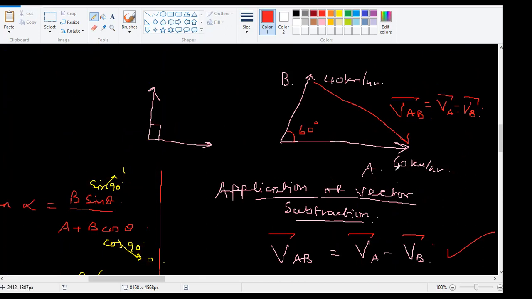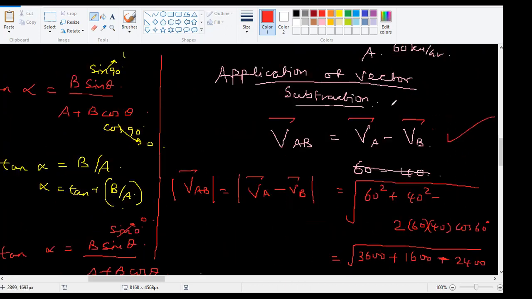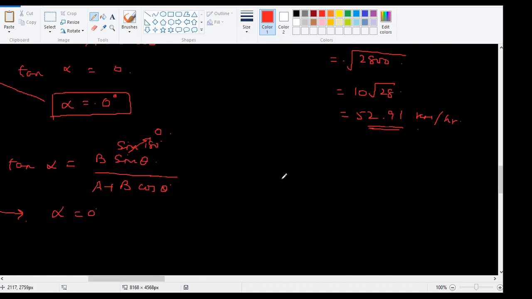And who will give the angle? If I give only the magnitude, that is not sufficient. So alpha: tan alpha is equal to B sine theta divided by A minus B cos theta. B sine 60.